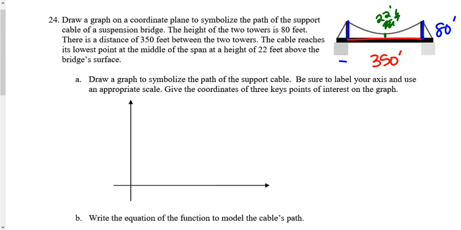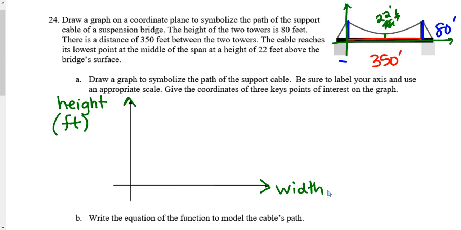So we're supposed to draw this. So I'm going to put my axes right here when I draw this, and I'm going to come down here. So this, my y or vertical axis, is going to be the height, which is going to be marked in feet. So I'll write that down. And over here in the x direction, this is going to be the width, and that is also going to be marked in feet.